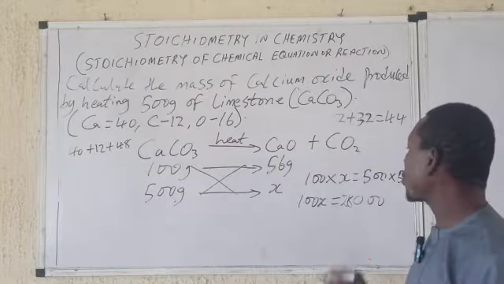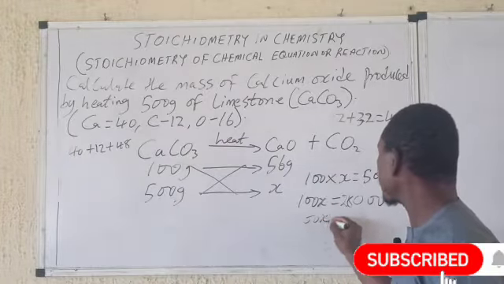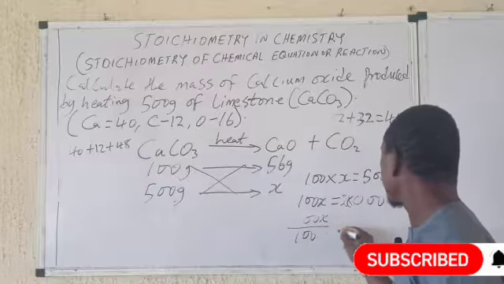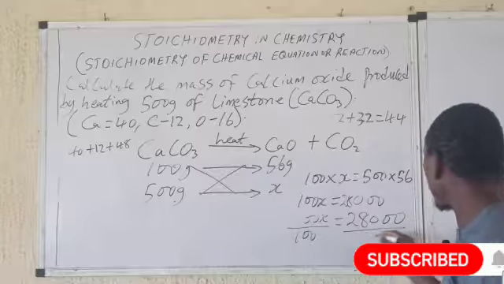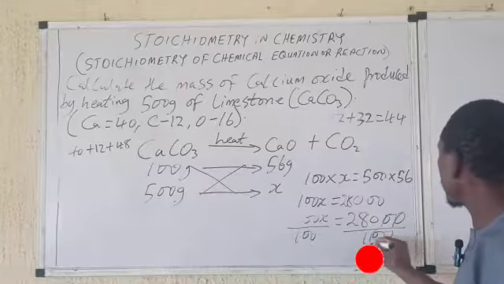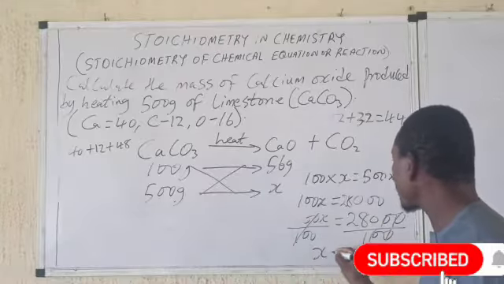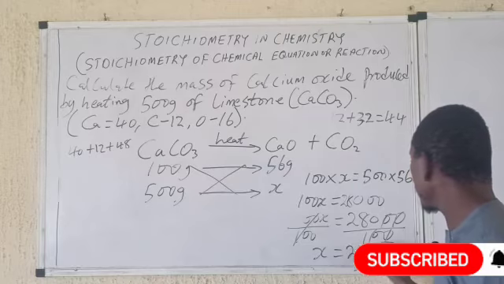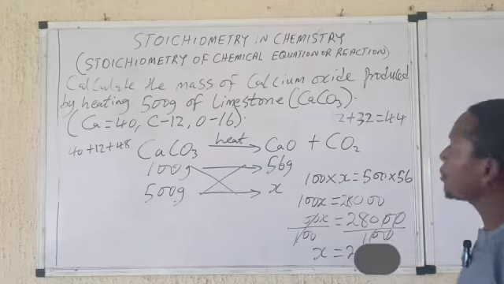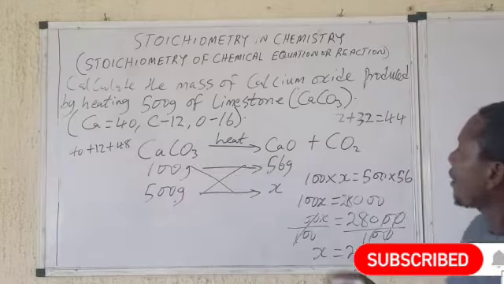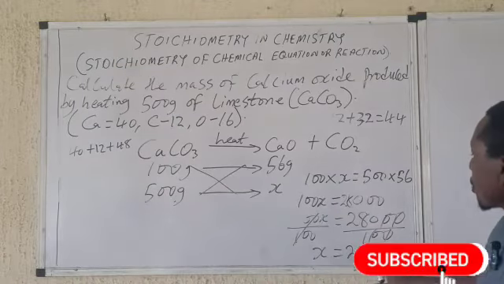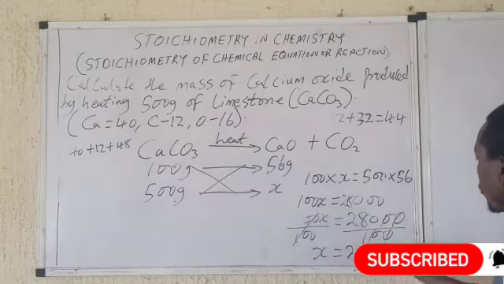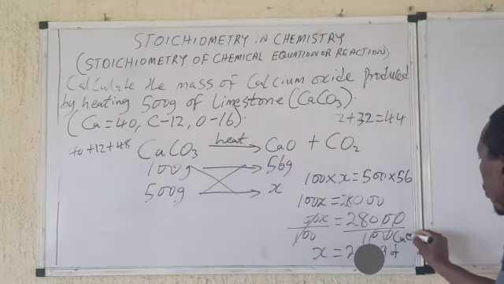28, 20 here, just bring it down here. Okay? So divide both sides by 100. You now have 100x all over 100 equals 28,000 all over 100. This cancels this, this cancels this. Now I have x is equal to what? 280 what? Gram. So you realize that 500 gram will actually produce 280 gram of calcium oxide.